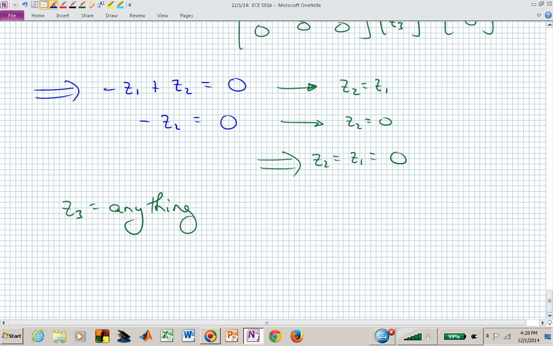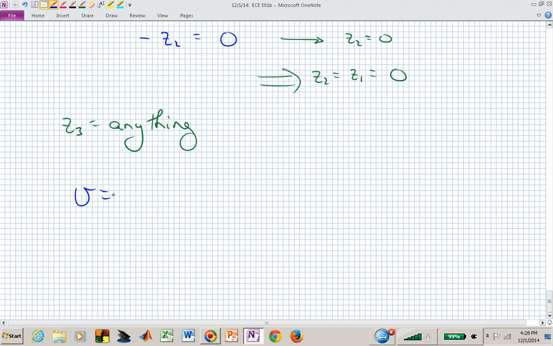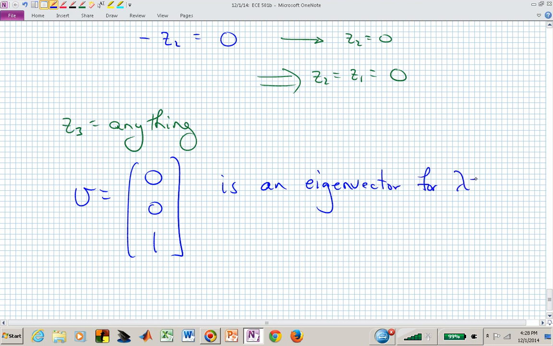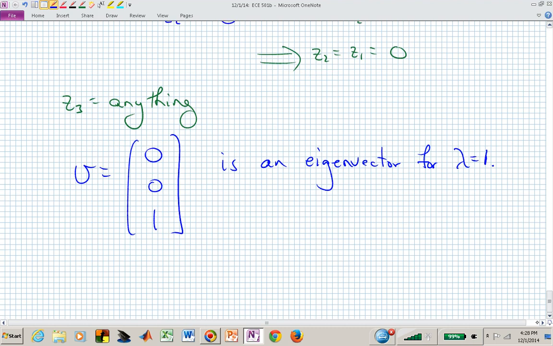So now we have the eigenvector V equaling 0, 0, 1, or something that is spanned by that. This is normalized, if we wanted to think of it that way. 0, 0, 1 is an eigenvector for our second eigenvalue, lambda equal to 1.